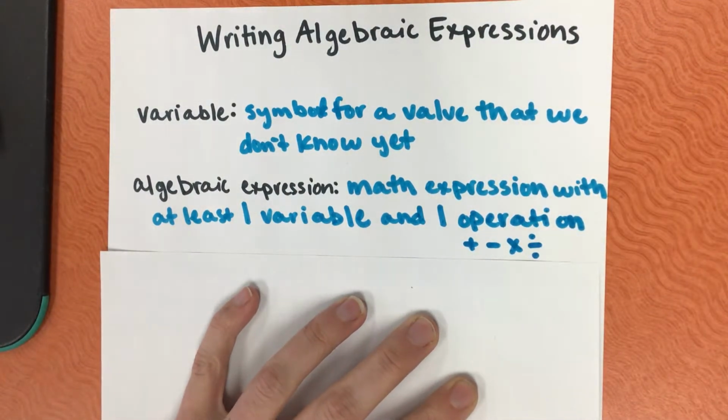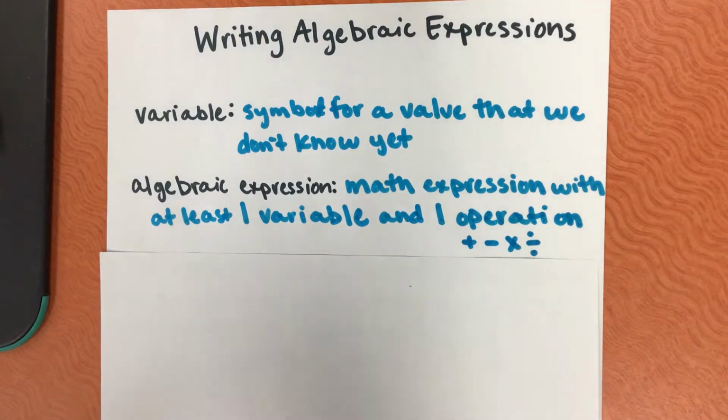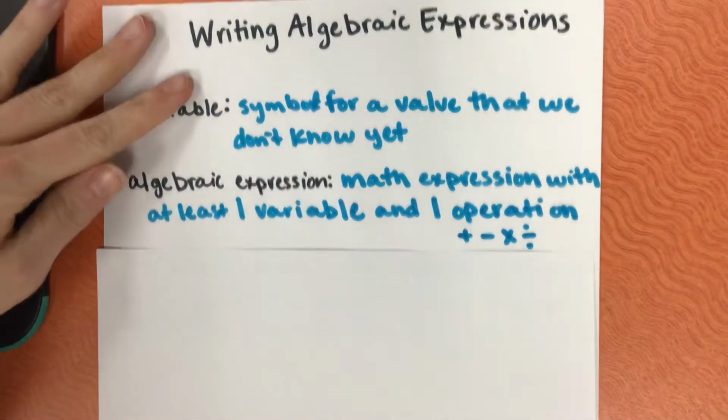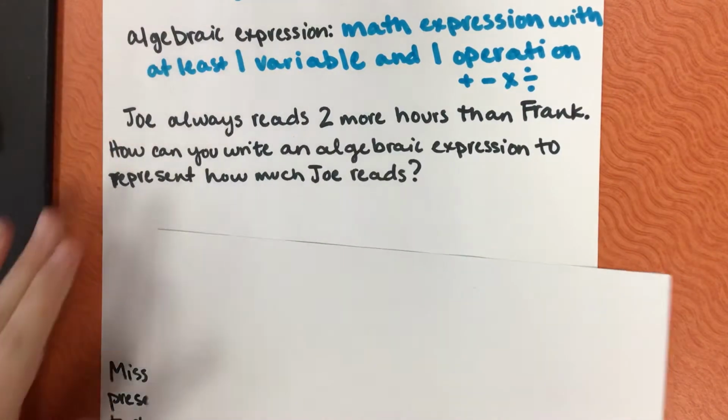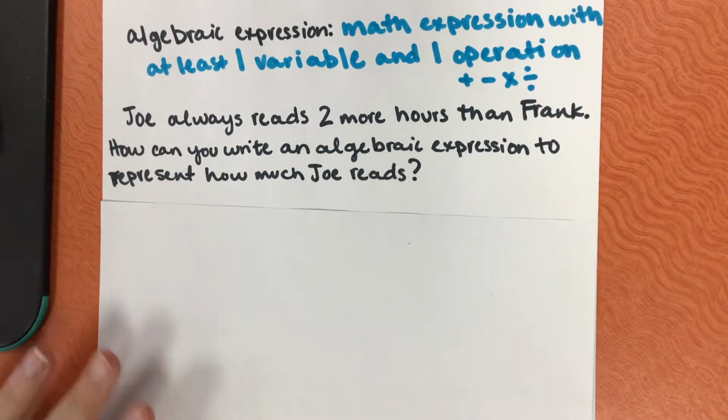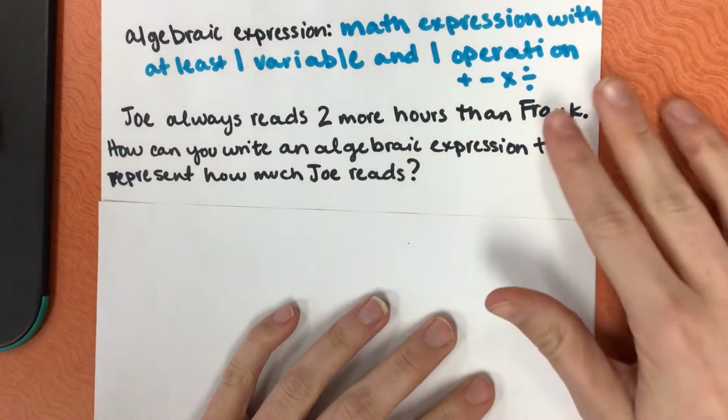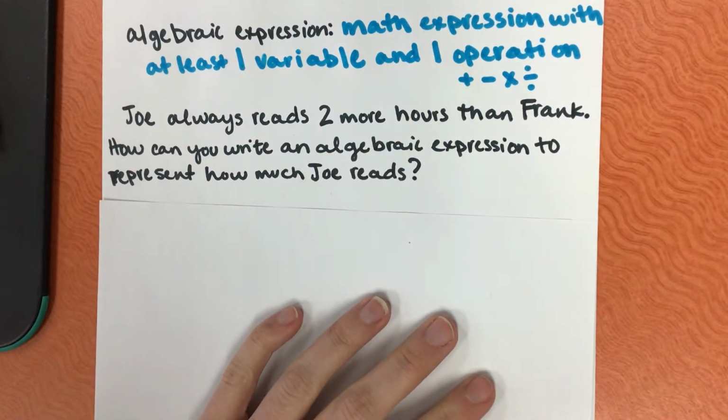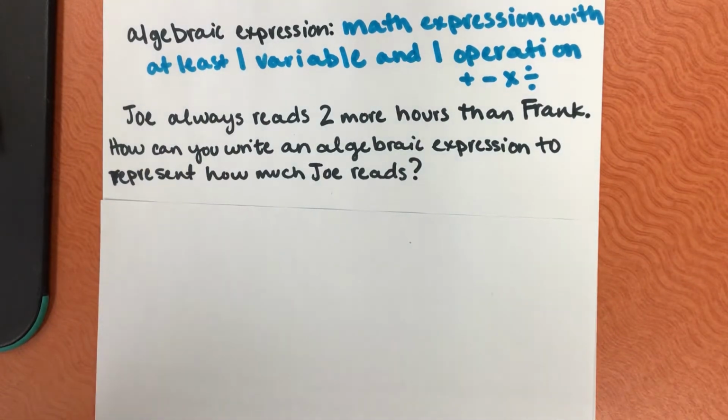Okay, so now that we've got those definitions, we are going to use those to help us work through some problems in our notes. So let's look at our first problem. It says, Joe always reads 2 more hours than Frank. How can you write an algebraic expression to represent how much Joe reads?